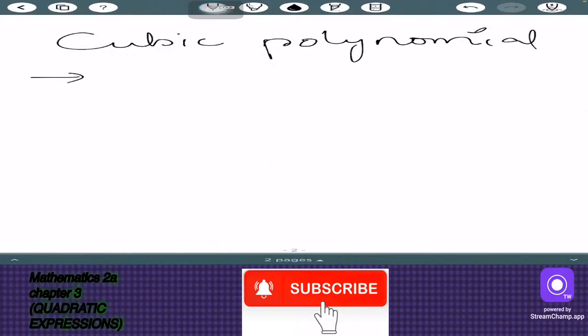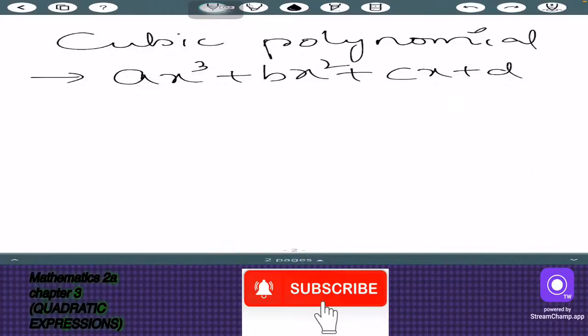In addition to quadratic, you need one more: ax cube plus bx square plus cx plus d.